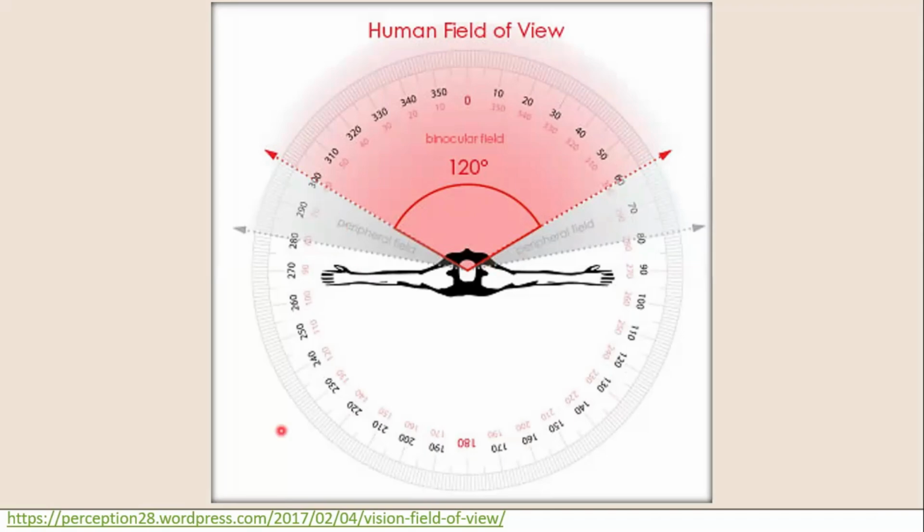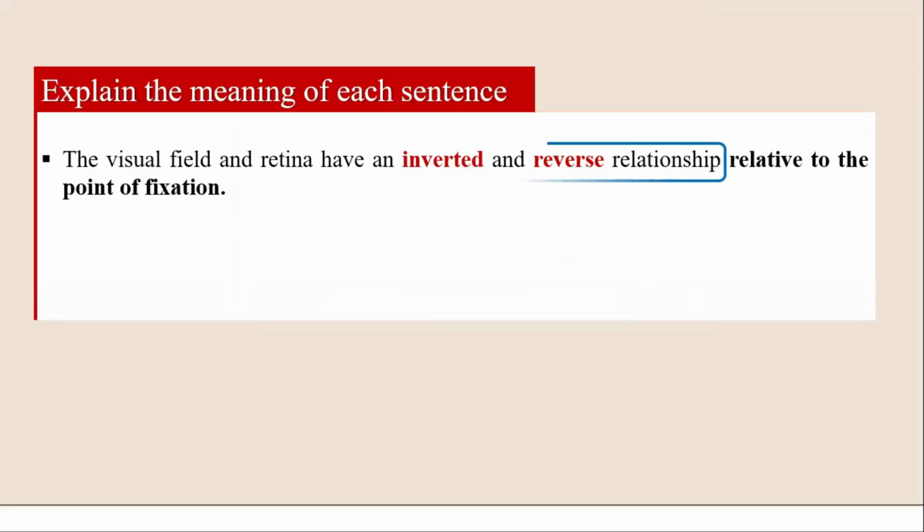One more question. See this relationship, inverse and inverted relationship. Have you ever come across this relationship in other parts of ophthalmology, other than visual field? Because this explains the relationship between the visual field and retina. Yeah, excellent. Indirect ophthalmoscopy. Yeah, it's relevant, but I need another thing.